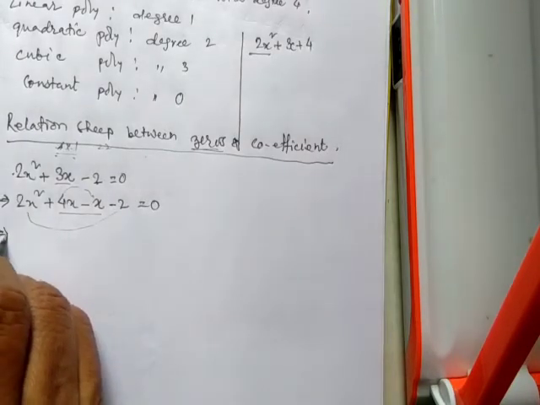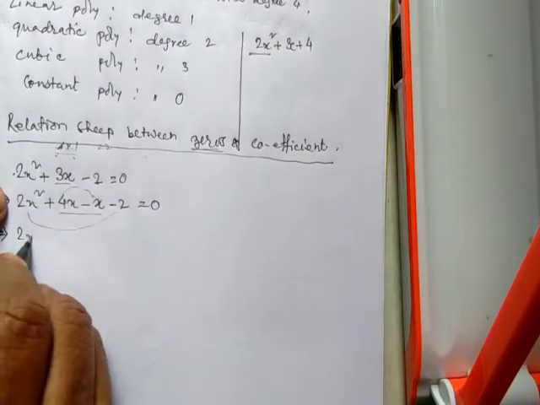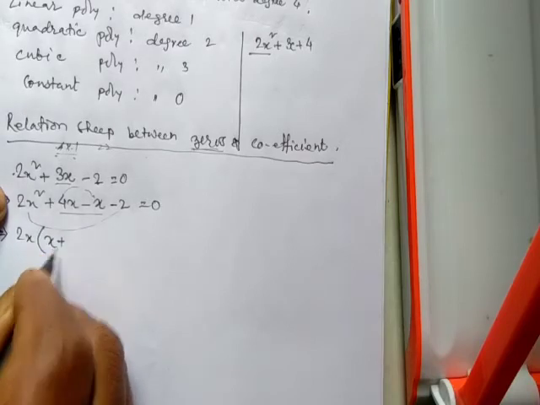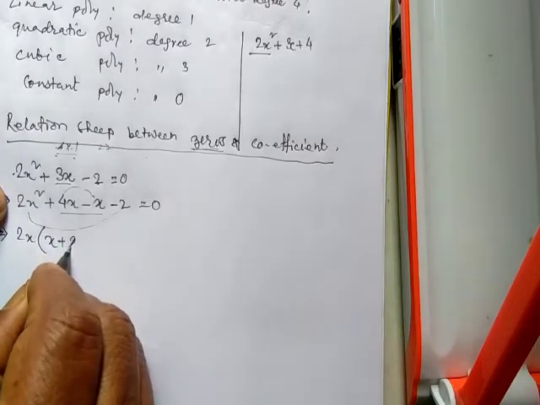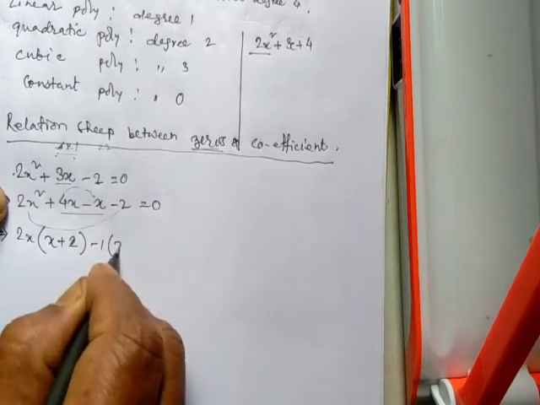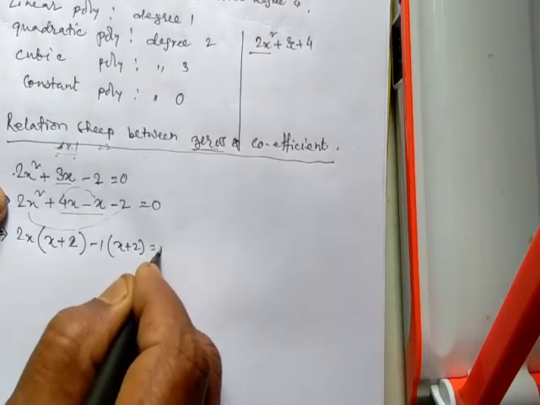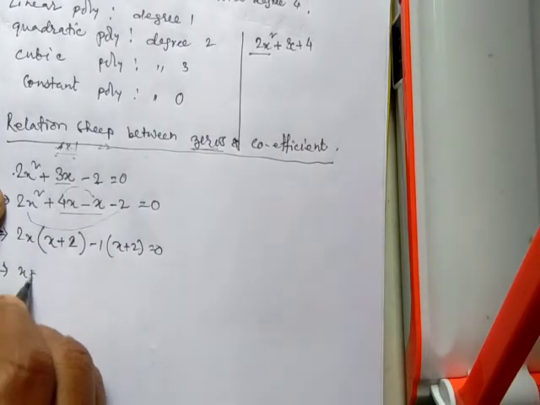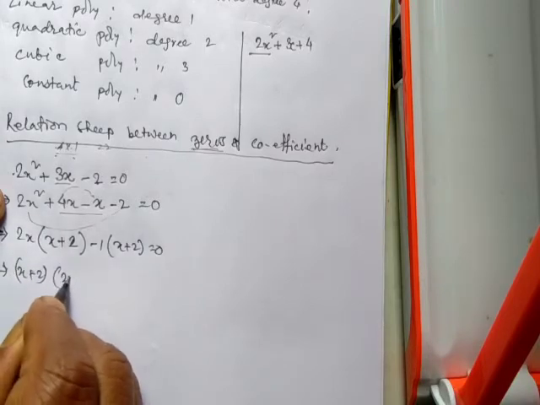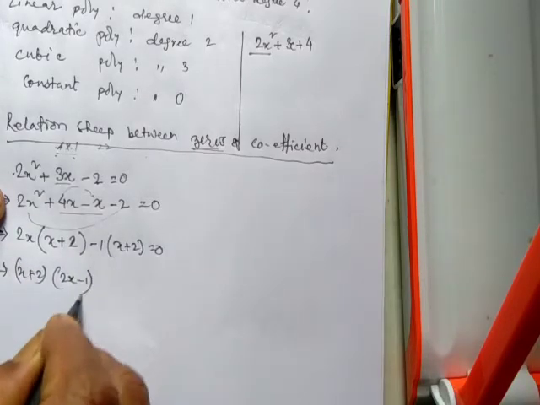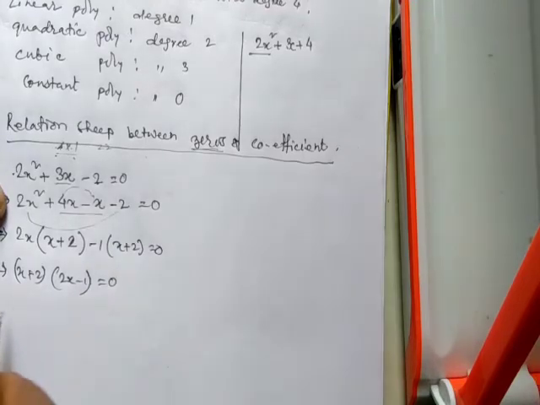Okay, this implies what is common here? 2x, x plus 2 minus 1, x plus 2: (x + 2)(2x - 1) is equal to 0.